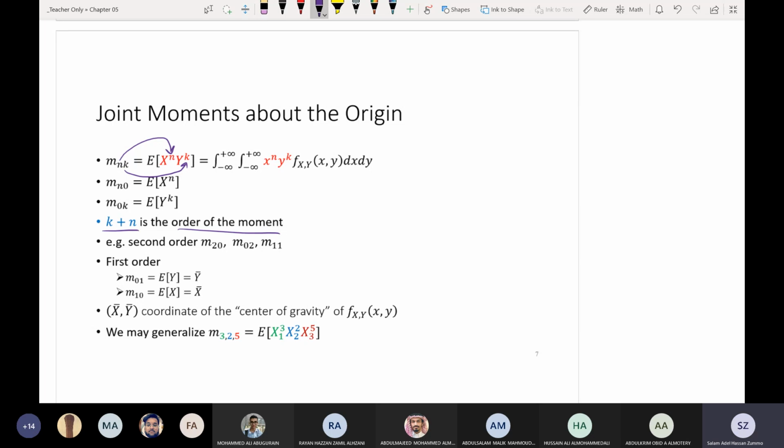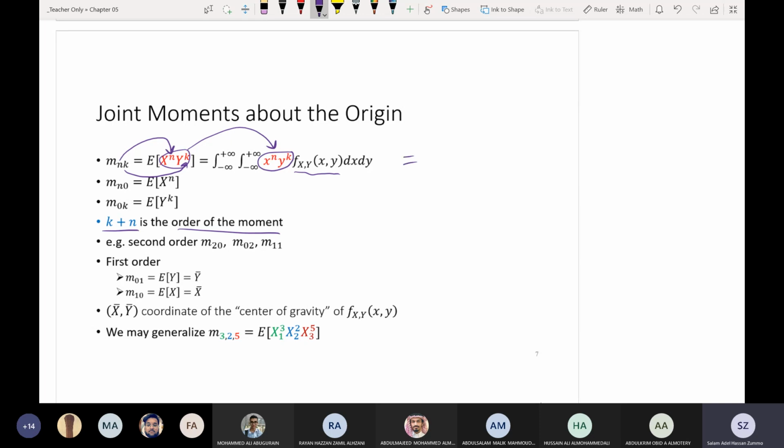This is called the joint moment, the n plus k joint moment. And it's defined simply as whatever inside here, we take it next, as we know, to the joint PDF. So this is the double integral of x to the power n, y to the power k, multiplied by the joint PDF.